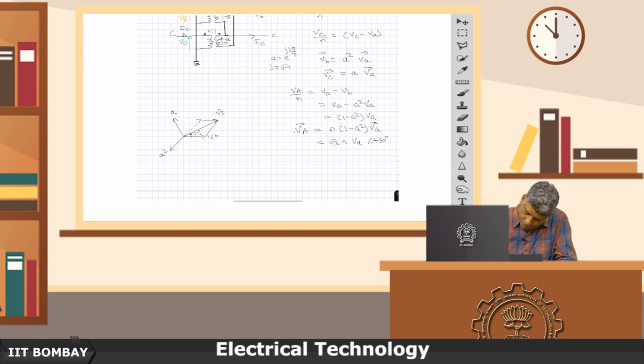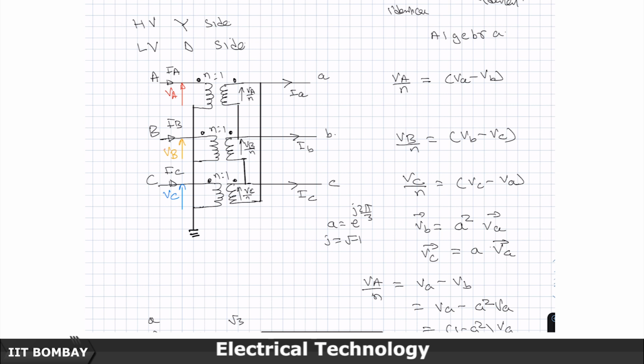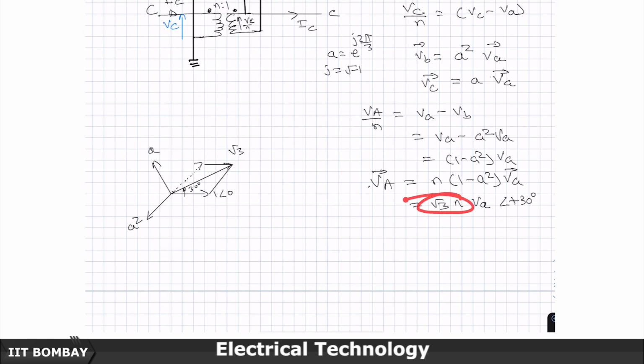So, therefore, we have come to the conclusion that the HV side voltage leads the LV side voltage, phase to neutral, by 30 degrees, and the effective turns ratio has become root 3. The single phase transformer had a turns ratio of small n. Now, here this phase to neutral to this phase to neutral has become root 3 n. So, this can also be called capital N angle plus 30 degrees.